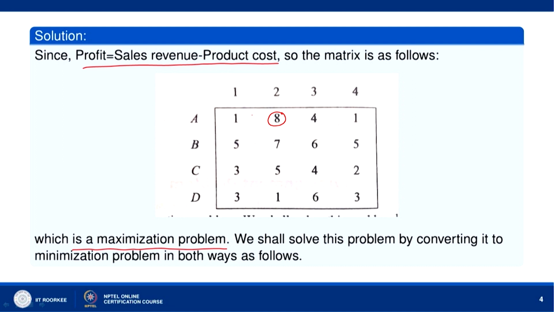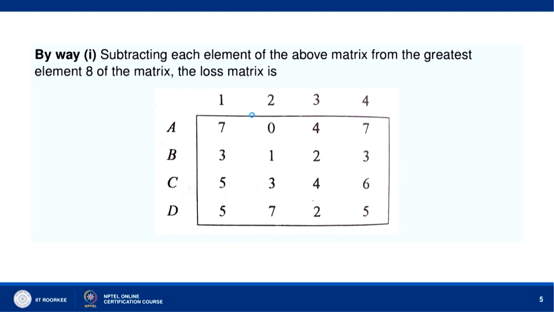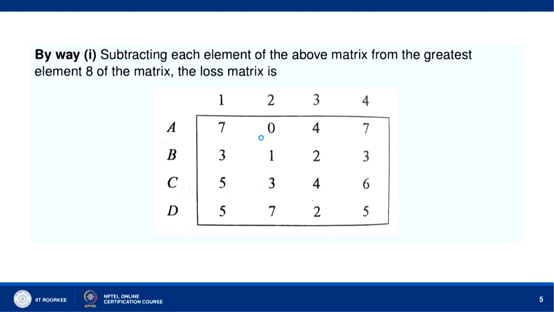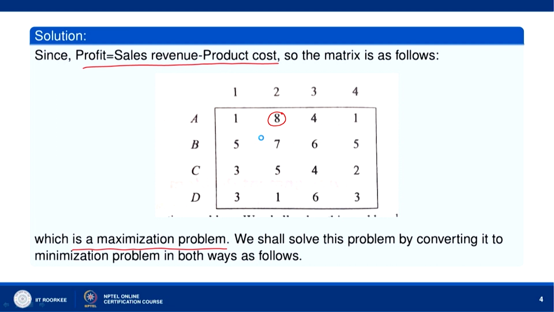So, we subtract each element of the given matrix from the greatest element. 8 minus 1 is 7, then 8 minus 8 is 0, then 8 minus 4 is 4, 8 minus 1 is 7. So, the first row is 7 0 4 7. In the second row, 8 minus 5 is 3, 8 minus 7 is 1, 8 minus 6 is 2, and 8 minus 5 is 3.